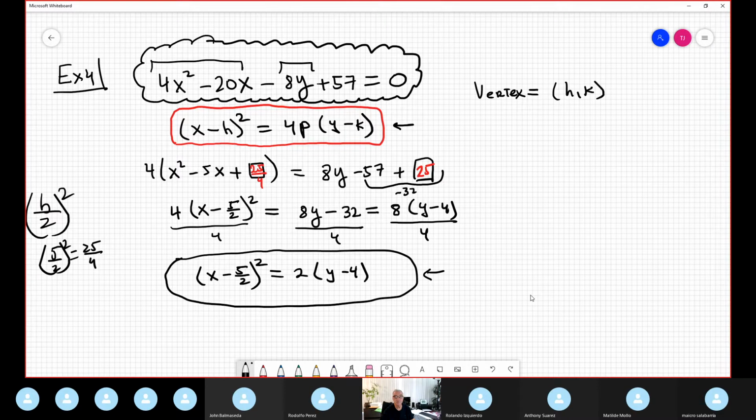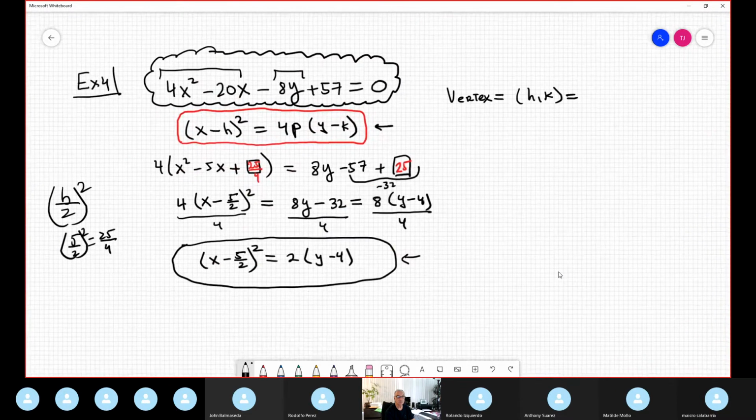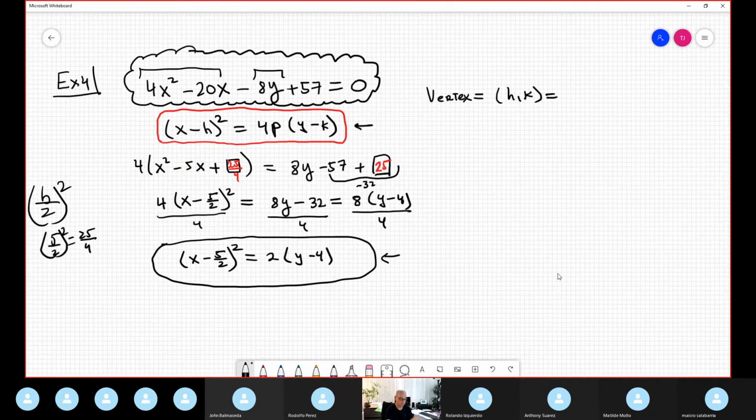In our specific example, who is h and who is k? H is 5 over 2. Okay, 2.5. You write like that, or you write in decimal 2.5, comma, positive or negative? Positive. And the k value? 4. Exactly. This is the position for our vertex.